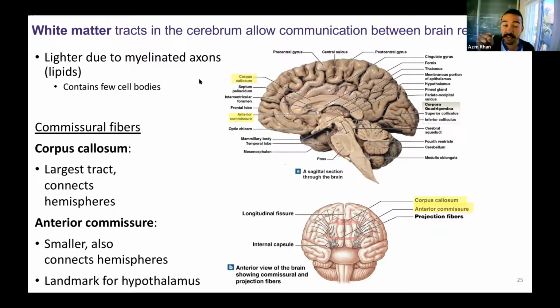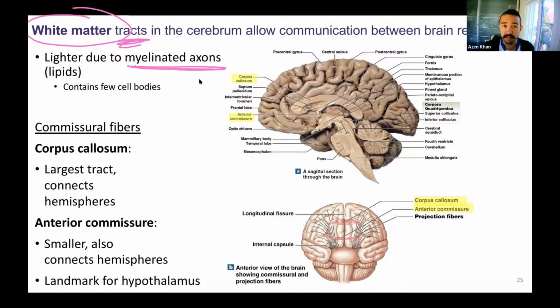Axons group together in tracts in the central nervous system. Where you find axons, it's termed white matter. It is lighter in color. It's not perfectly white, it's a little light beige. But this lighter color is due to the myelination of axons.